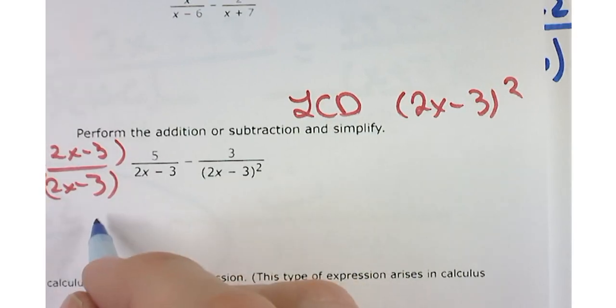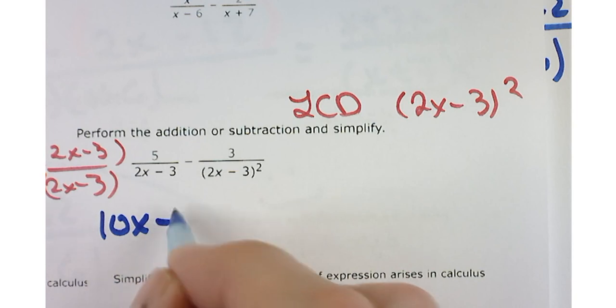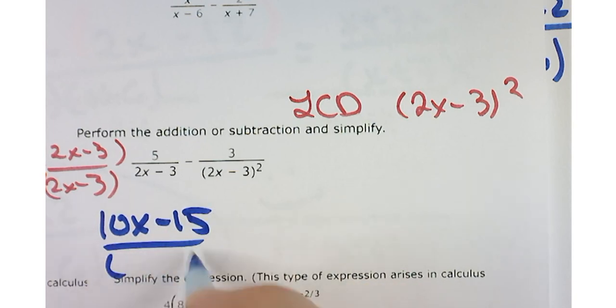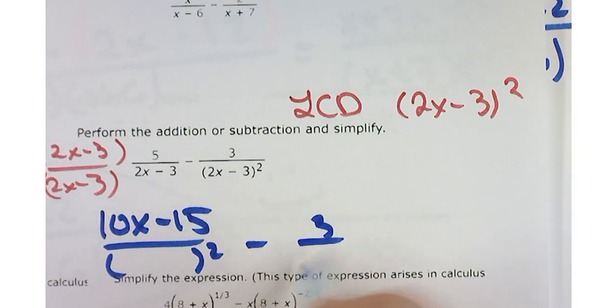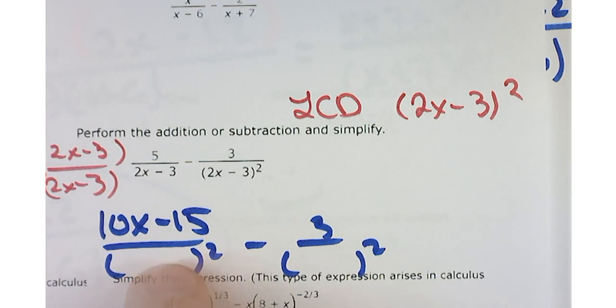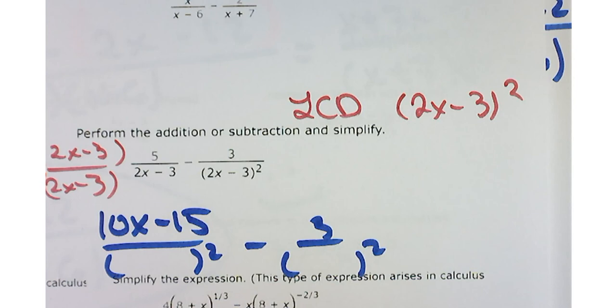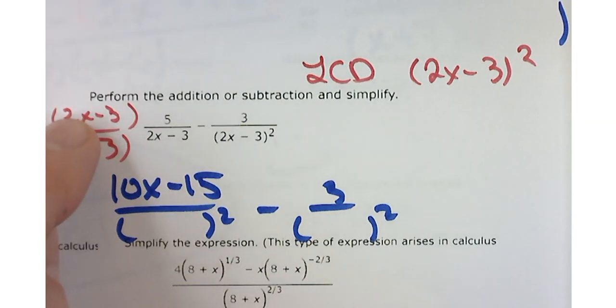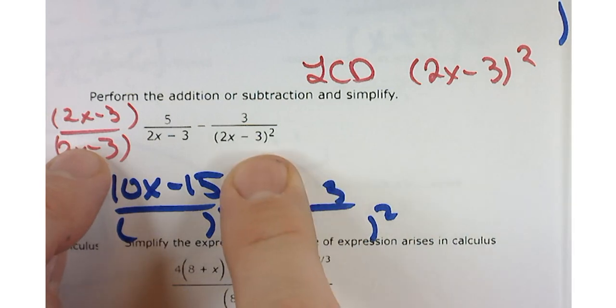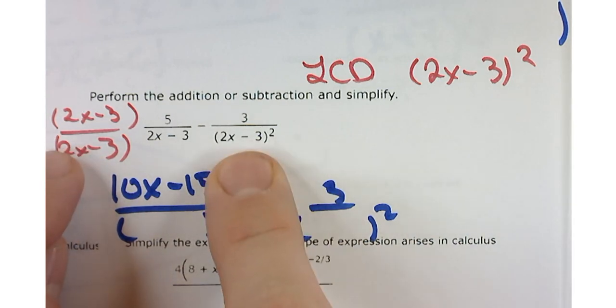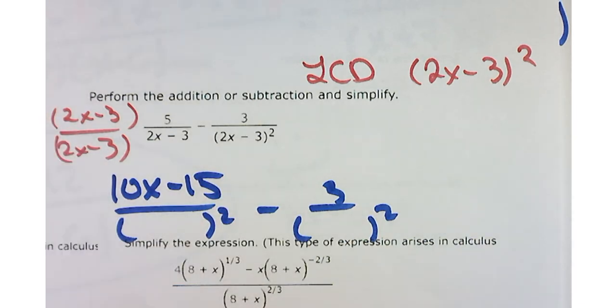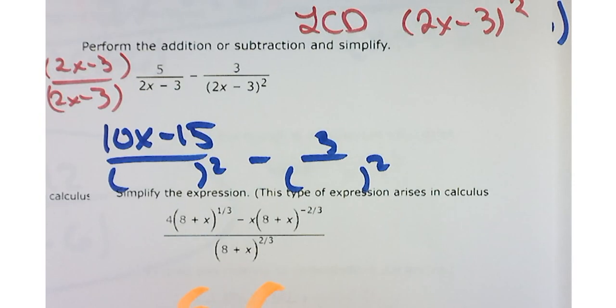You should end up with 10x minus 15 over this one squared, minus 3 over this one squared. And then you can combine like terms and finish it up. You should be good from there. Would you do that on both sides? You don't have to do that on this one because this already has the LCD, so we'll just leave that one alone. It's this one that you need to play with a little bit.